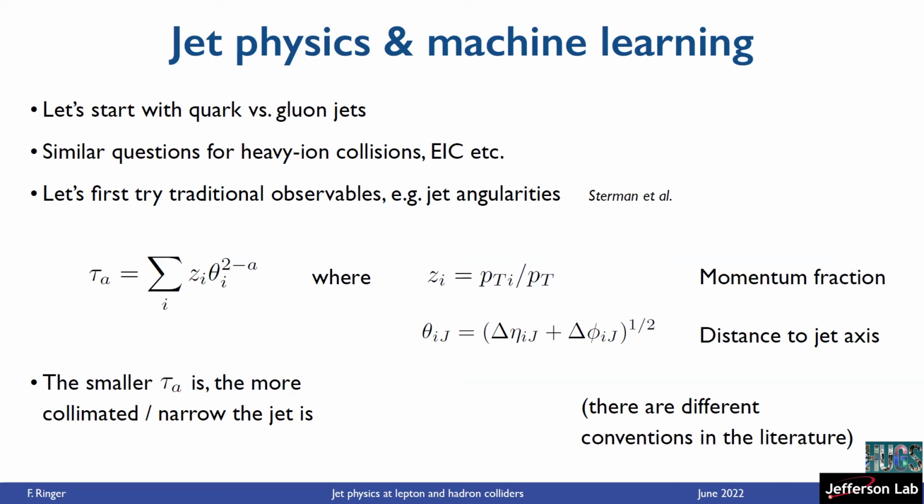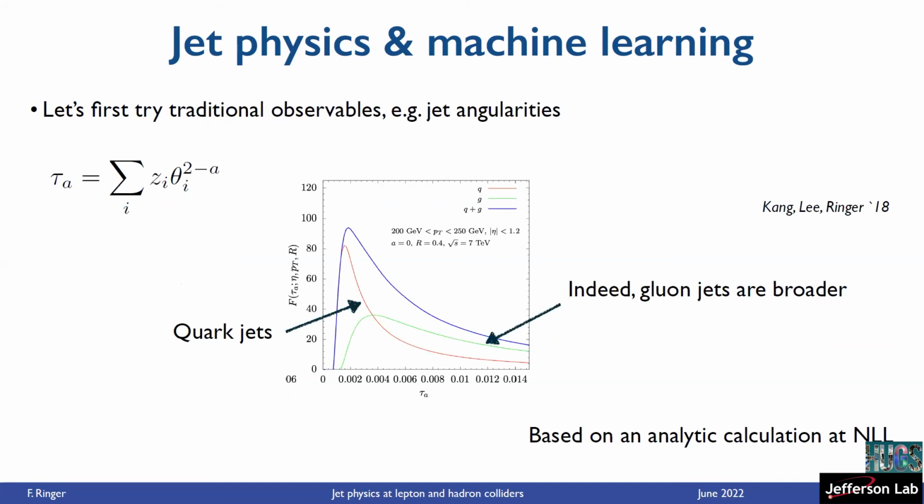Let's look at these distributions. What happens if we do the calculation? This is the cross section as a function of tau a. If you look at the sum of quarks and gluons, we get the blue distribution, which just peaks at some small values. Then we can decompose it in terms of quarks and gluons. I hope you can see that the red is for quark jets, so it peaks at smaller values and then falls off.